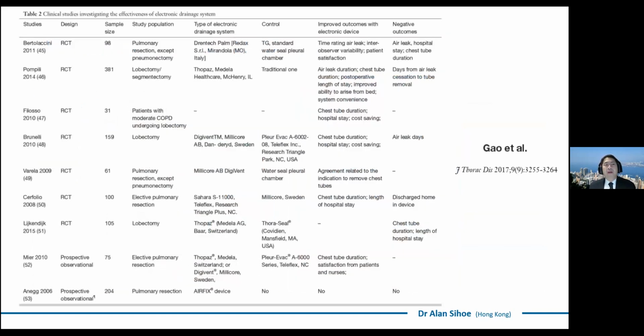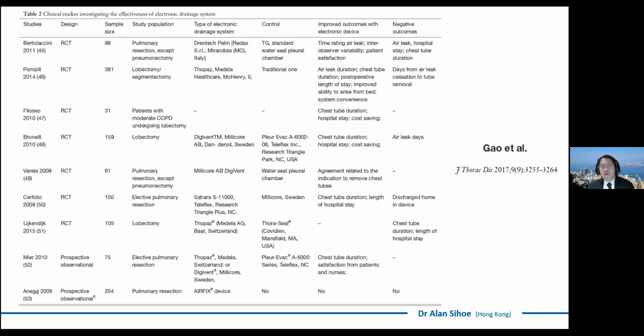This has been shown in several prospective trials, including randomized controlled trials. And it's been shown fairly consistently that use of different digital chest drain systems with a controlled negative pressure actually is favorable in terms of reducing air leak durations, in reducing chest tube durations, and ultimately in saving costs.